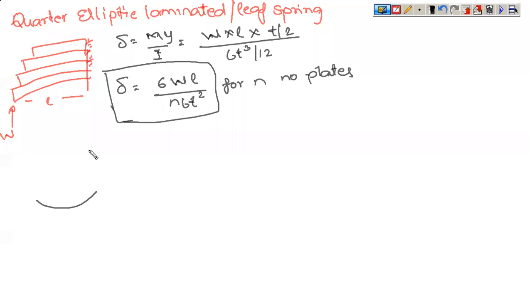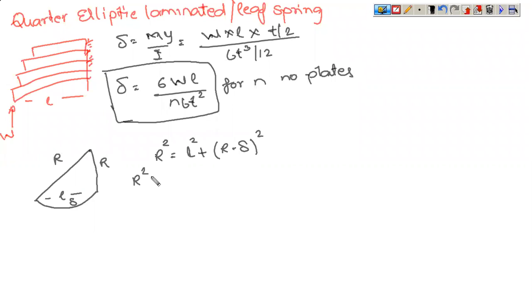Now, again, if this is a quarter elliptic leaf spring, and if you look at the deflection, so this is R, this total length is now L, so this is R, if this is delta, then R square is equal to L square plus R minus delta whole square.